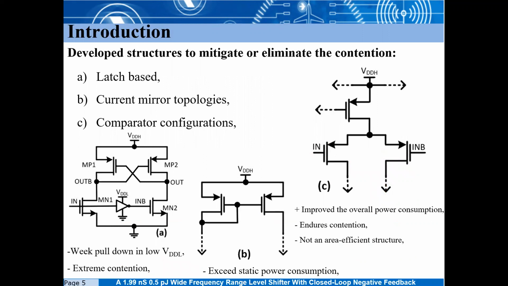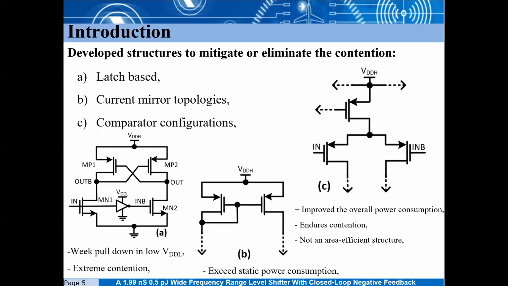Many structures have been developed to mitigate or eliminate the contention generated during transition. These structures are based on three common basic circuits: latch, current mirror, and comparator configurations.